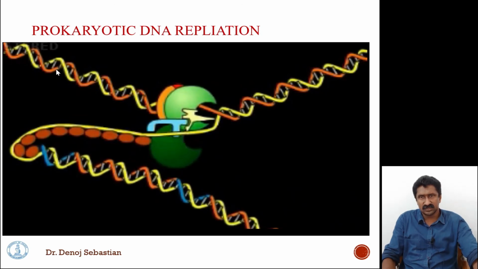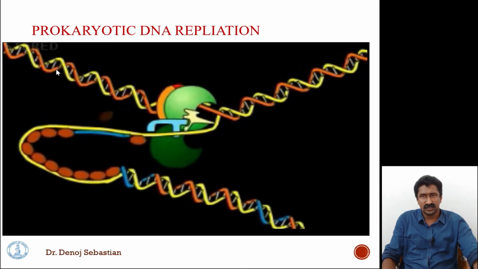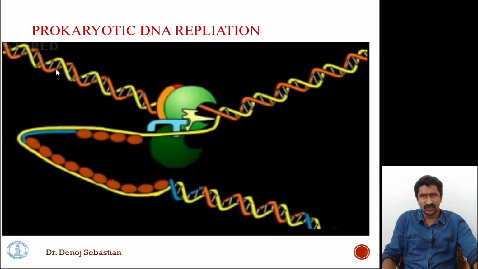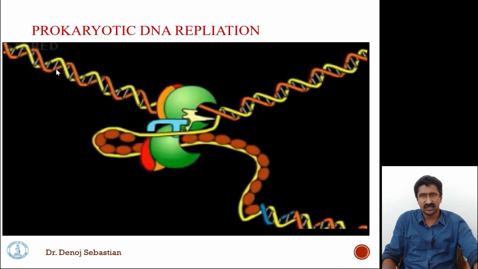So the DNA helicase will start unwinding. The primase will create the primer. So it unwinds, the primase creates the primer, SSB is bound, and a loop is formed, orienting the strand in the same direction as that of the leading strand.